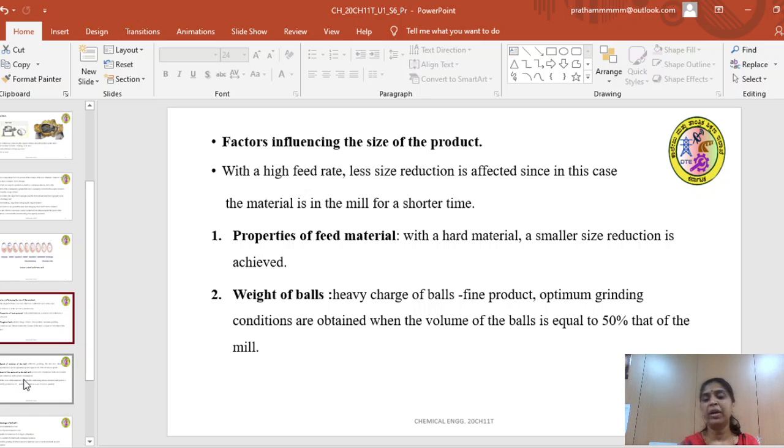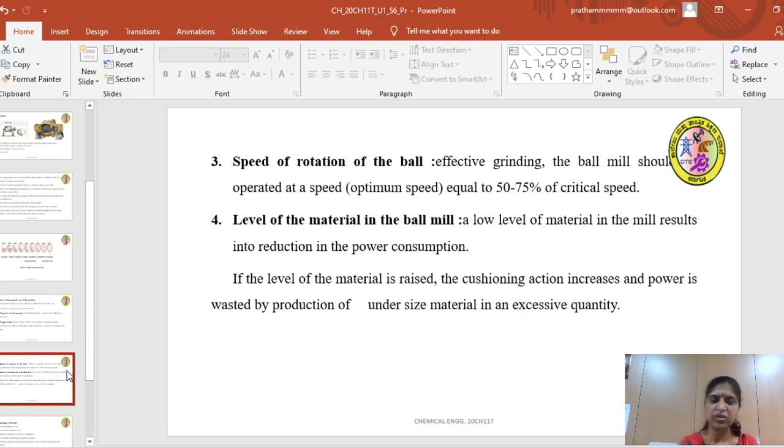Usually you should remember that in order to have an effective product or an effective size reduction process, the ball mill should always operate at less than the critical speed. To avoid centrifuging, the operating speed of the ball mill should always be less than the critical speed of the ball mill. I hope you have understood this explanation.